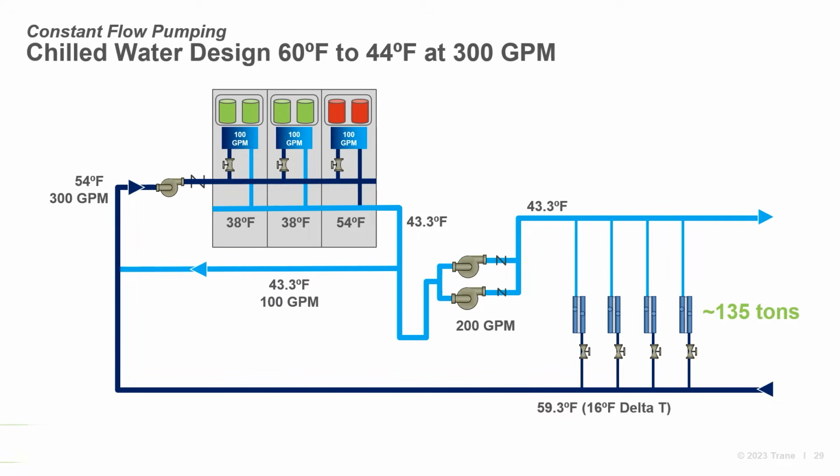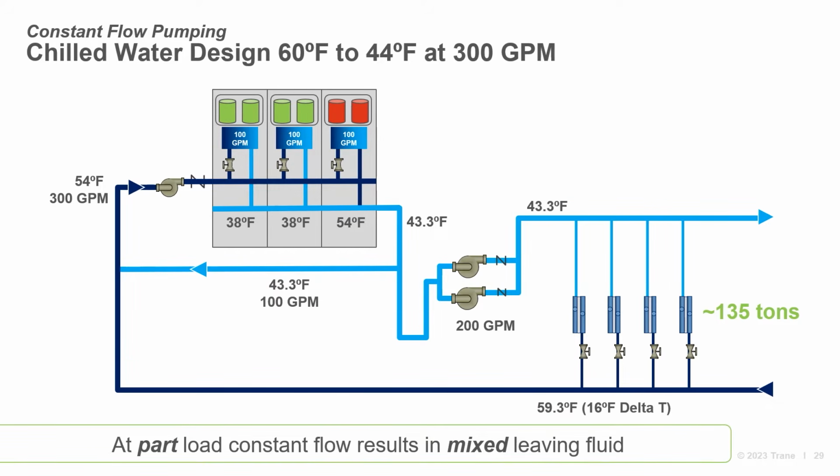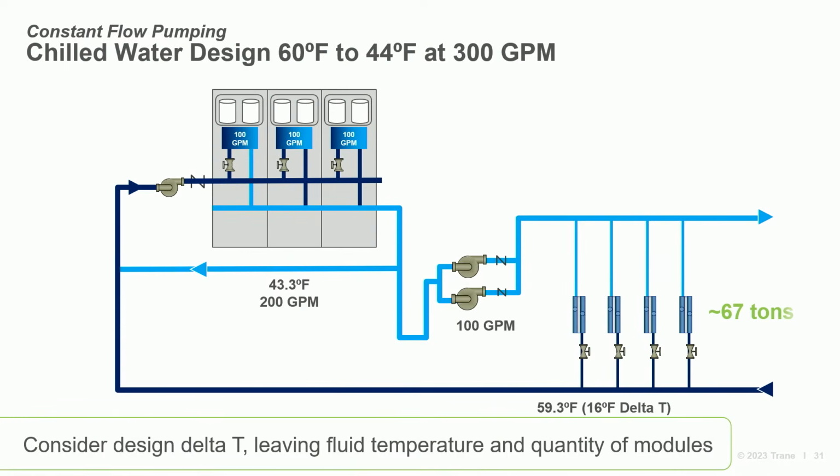The key design consideration here is that you can expect to see varying leaving fluid temperatures at part load conditions. This example works well, but are we missing something? What if one module is operating? Working through our example again, but with 67 tons of load instead of 135, we can reevaluate what the chiller would see.